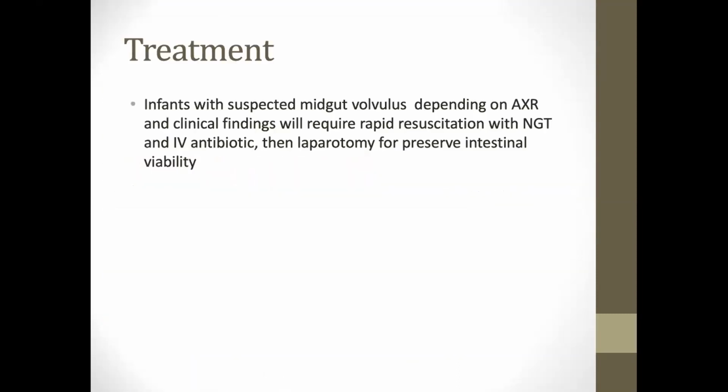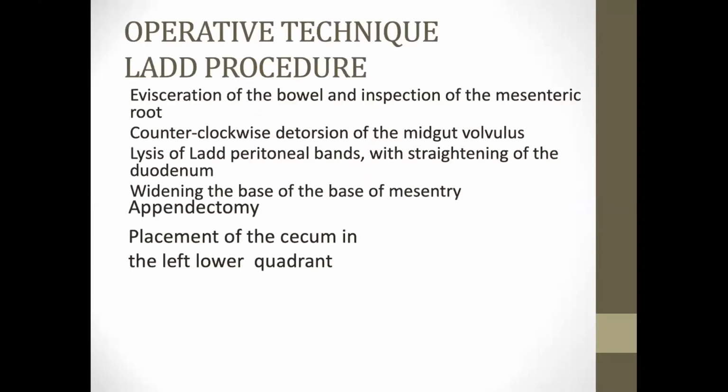Treatment: an infant with suspected midgut volvulus, based on X-ray only and the clinical findings, will require rapid resuscitation within 2 hours with NGT and IV antibiotic, then laparotomy to preserve intestinal viability.